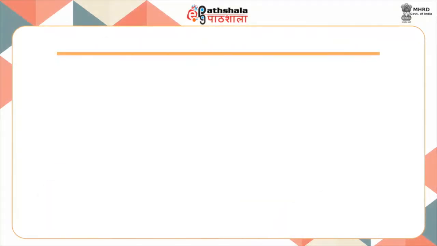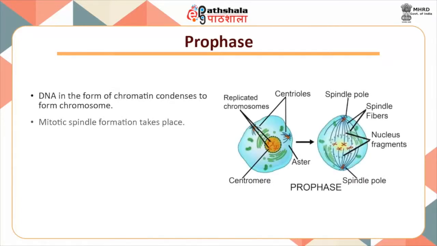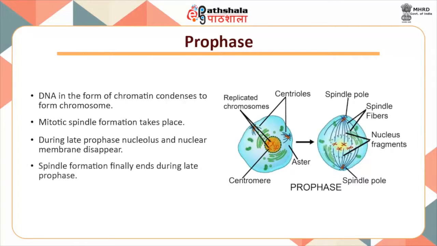First, we will start with prophase. During this phase of mitosis, DNA, which was earlier present in the form of chromatin, starts condensing to form chromosomes. Over half of mitosis is spent in prophase, a stage characterized by several significant occurrences. One of the early events in prophase of all animal cells is the migration of 2 pairs of centrioles to opposite ends of the cell.